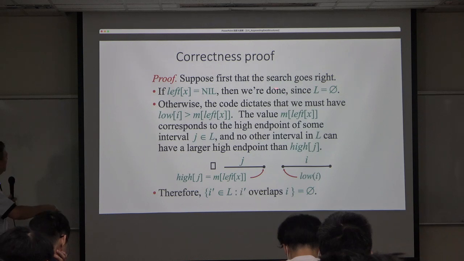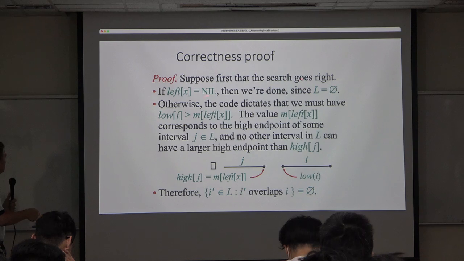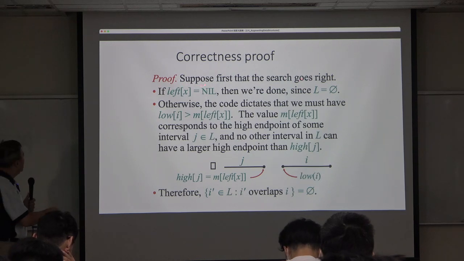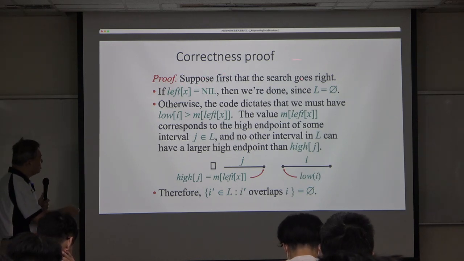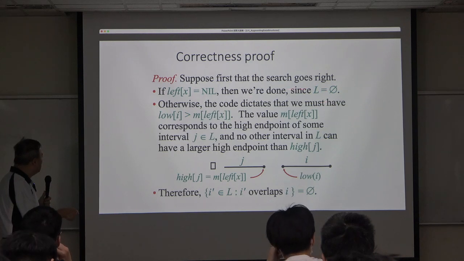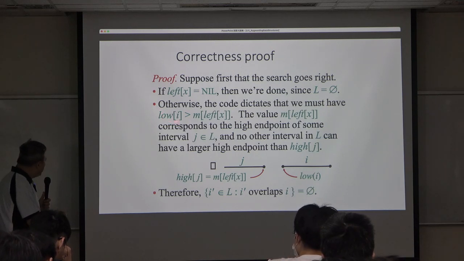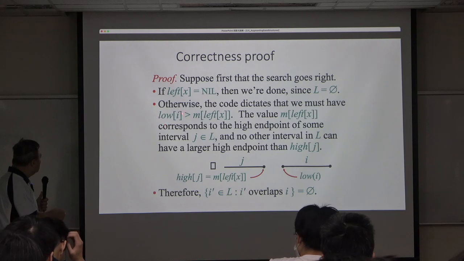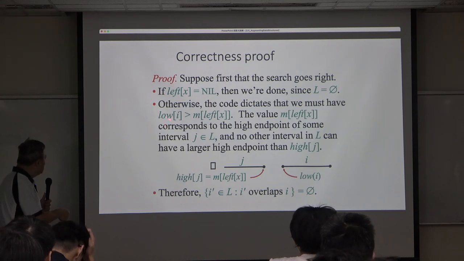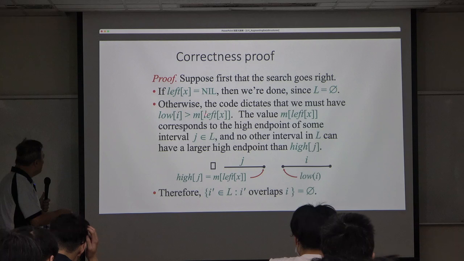So if we go right, as I said, that means what? That means if left[X], the left child, is nil, that's easy. There's nothing in the left subtree. Otherwise, if there are some nodes in the left subtree, then we are comparing the left end of the query interval with the max value stored in the left child.